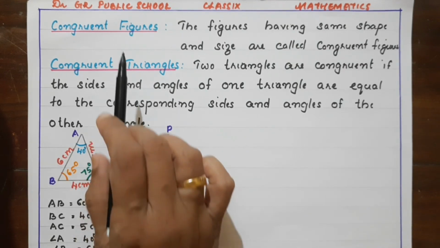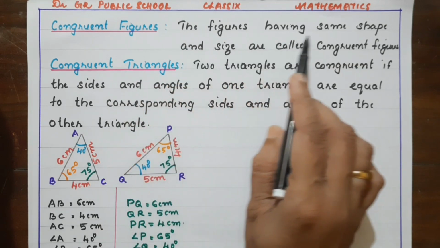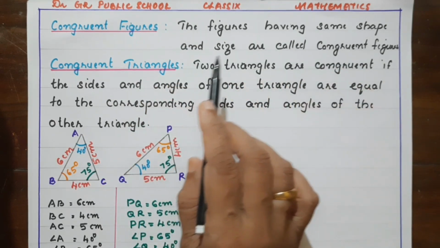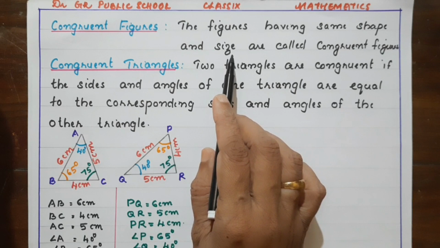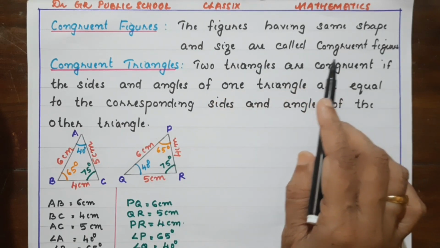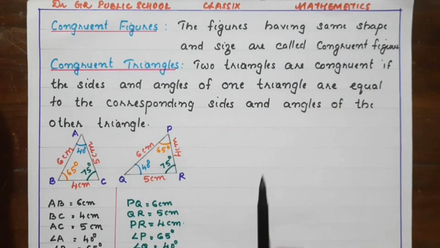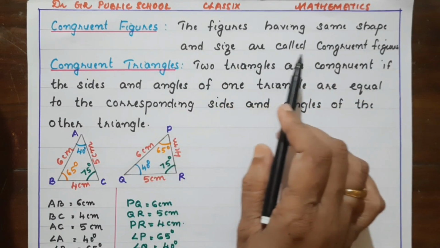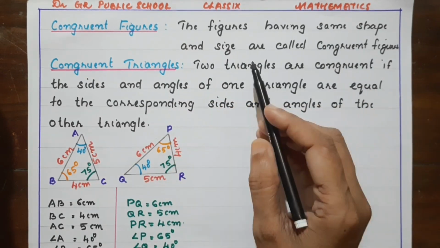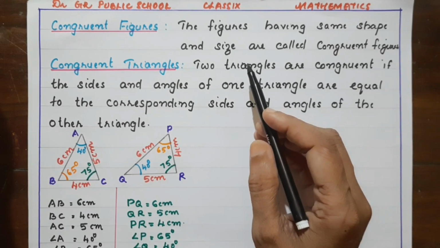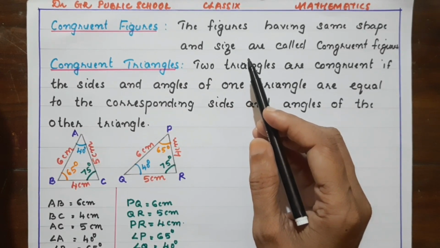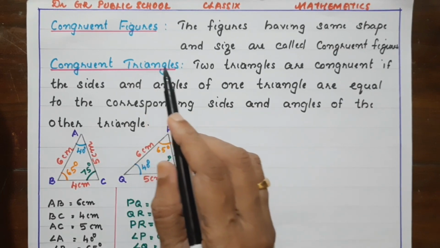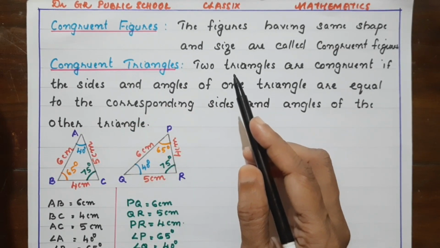What are congruent figures? The figures having same shape and same size are called congruent figures. And you have seen, if two line segments are having same length, they are called congruent line segments.